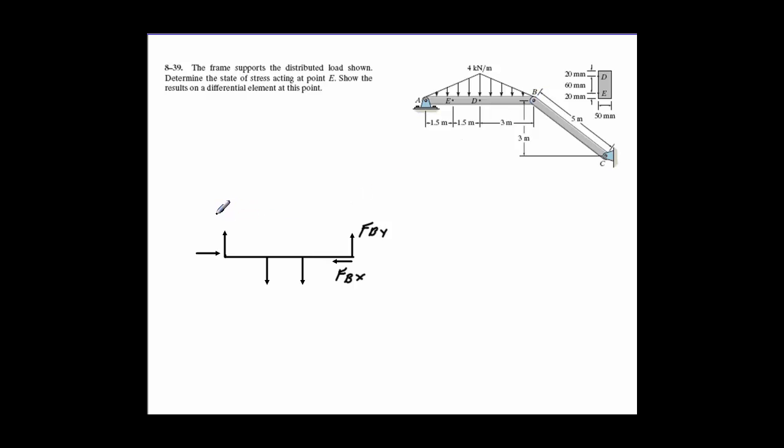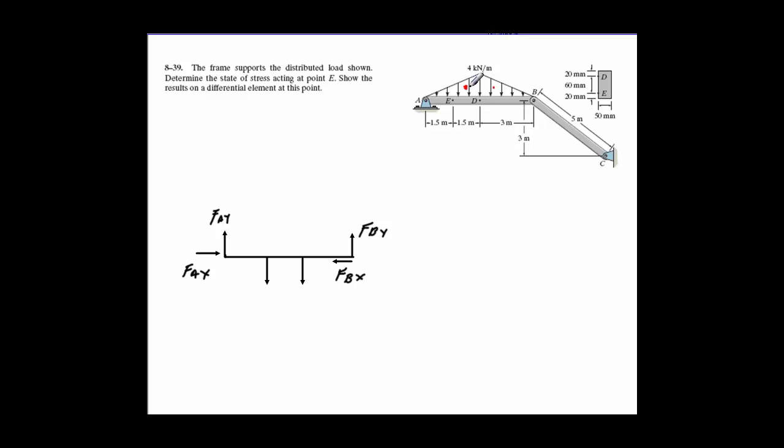Now I come back here and make this FAY, and make this FAX. Okay, first thing to do would be break these into individual forces, and they would occur 1/3 from here and 1/3 from here.